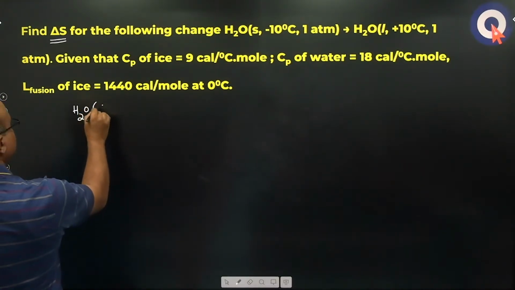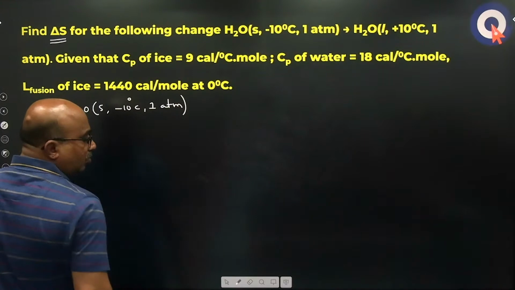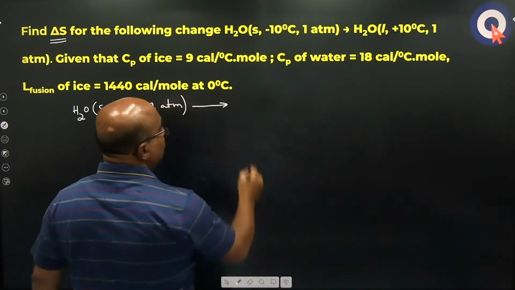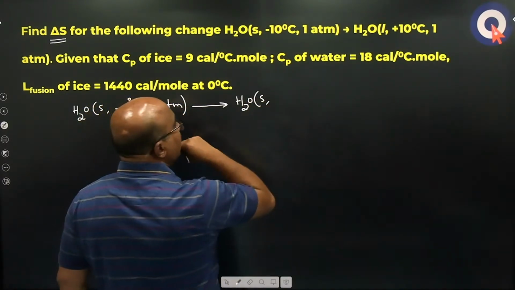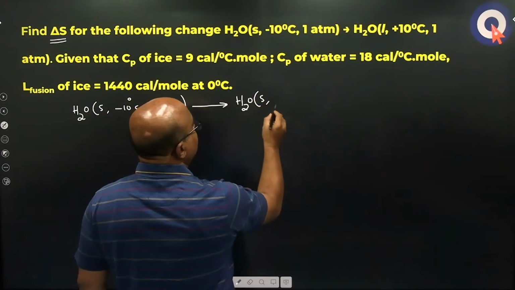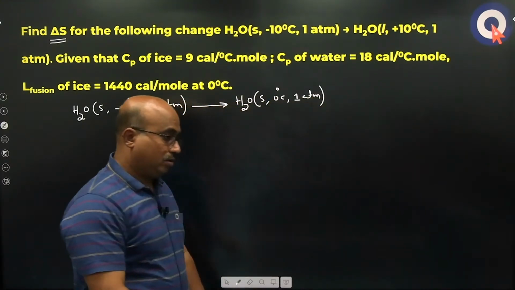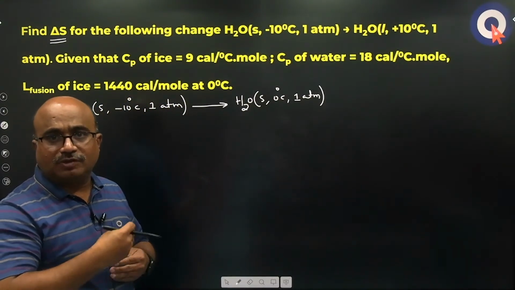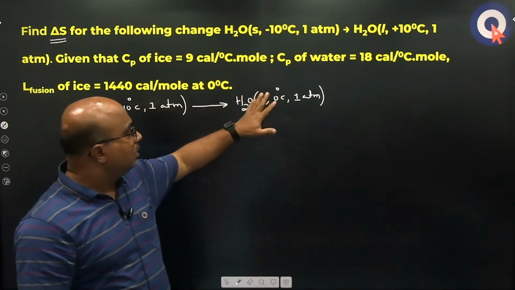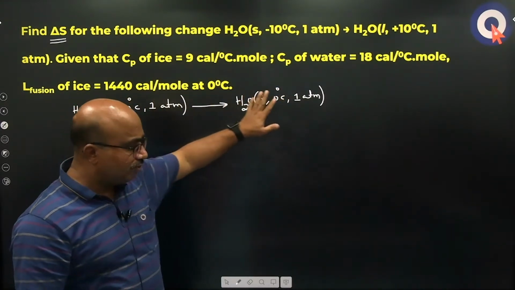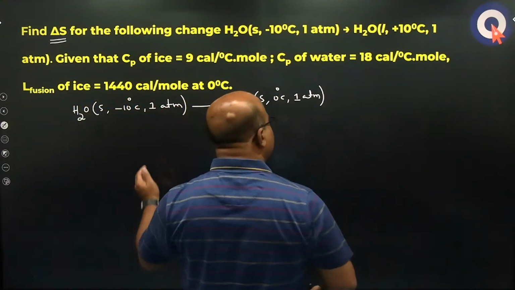Water solid at minus 10 degrees centigrade and 1 atmosphere first converts into water solid at 0 degrees centigrade and 1 atmosphere, as we increase the temperature at constant pressure. So the process happens in steps. In all this, from solid at minus 10 to solid at 0 degrees centigrade, the system is in the same physical state at the same atmospheric pressure, and the process happens along a reversible path.